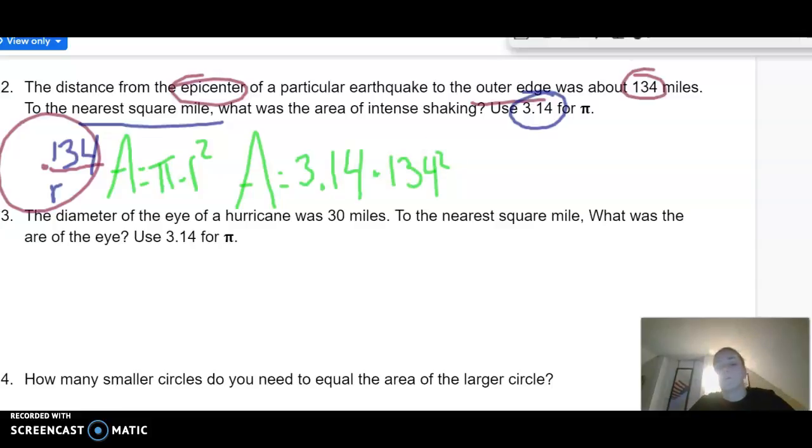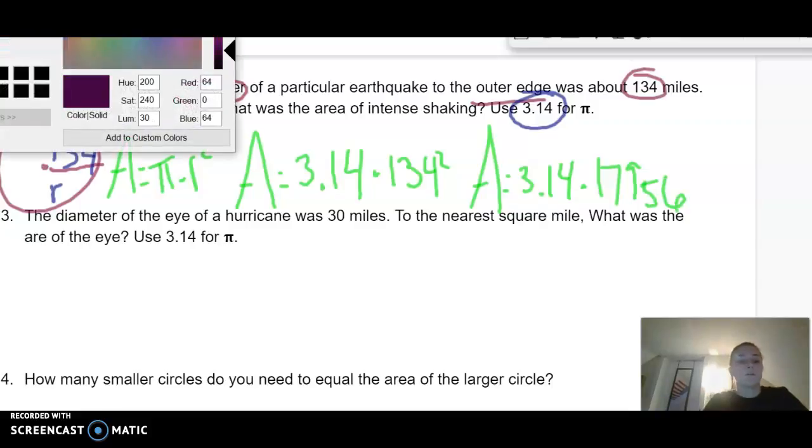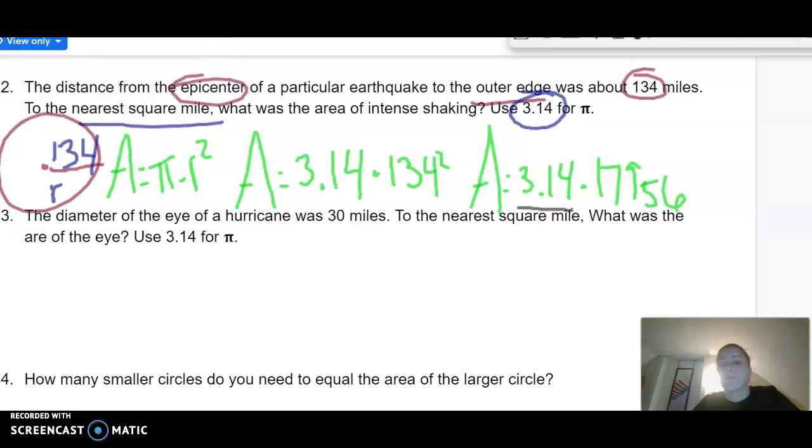When we square 134, so we're doing 134 times 134, let's put that in our calculator, and we will get 17,956. Now we're going to multiply 3.14 times 17,956.